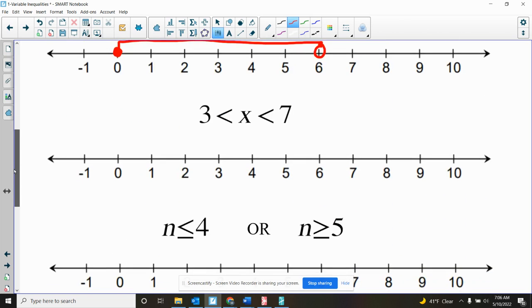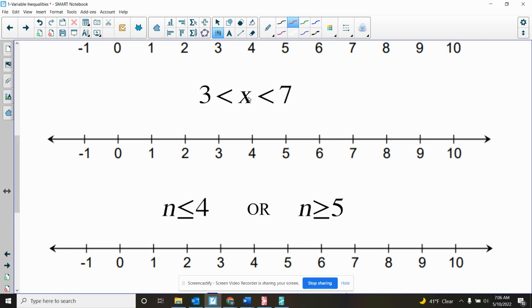Let's go again. You'll notice this one doesn't have either word, but when it's written this way, this means and. It's giving us essentially a left and a right end, and we're including only the parts in the middle. So think of it as x is greater than 3 and, excuse me, x is less than 7.